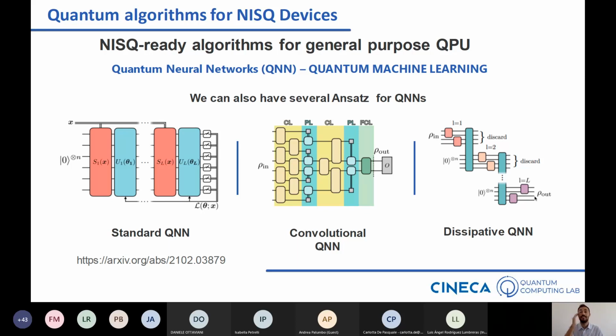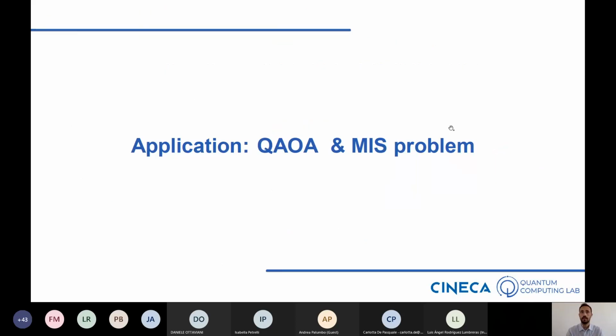So the possible choices in quantum neural networks are very different, and there is much more variety, I think, with respect to classical neural networks, and that's where a lot of research is going on in this topic.